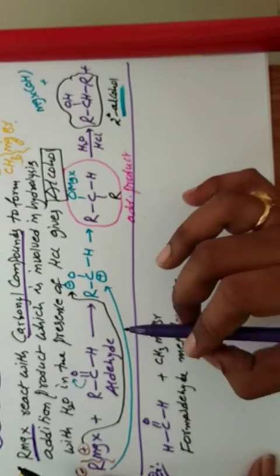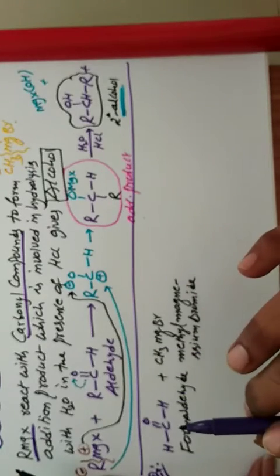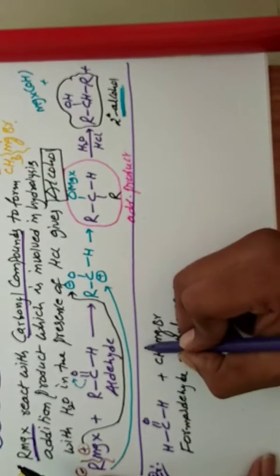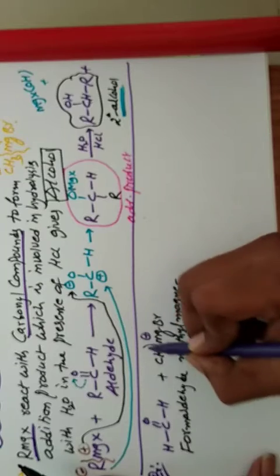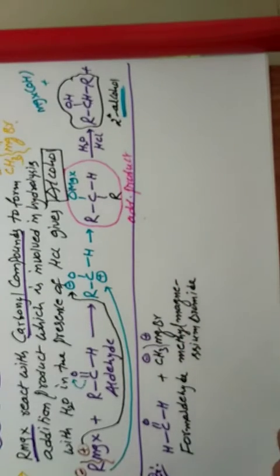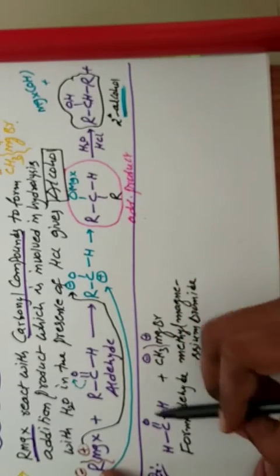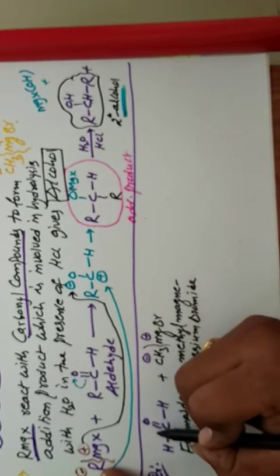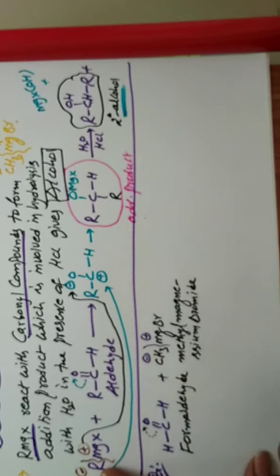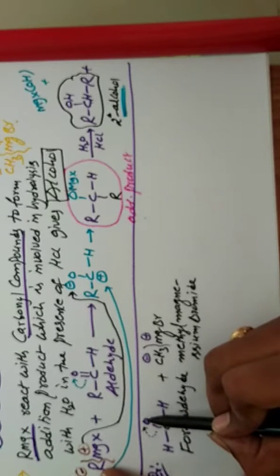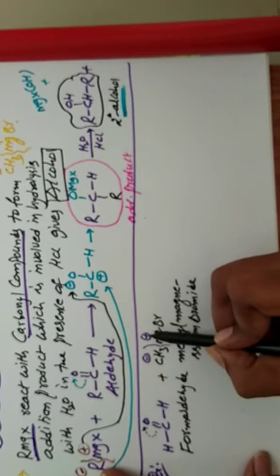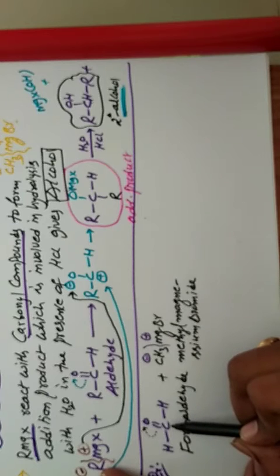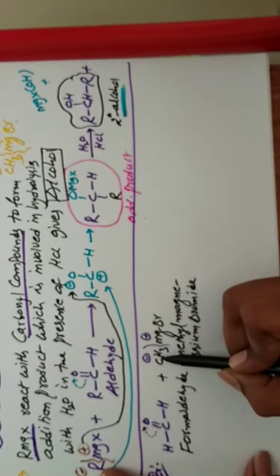Here two parts are there. First you identify the positive and negative. This part is positive, this part is negative. So directly we can write the addition product. The pi bond will be rotated onto oxygen. Oxygen gets negative, and this negative part is attached to positive. Carbon gets positive, and this is attached to negative.